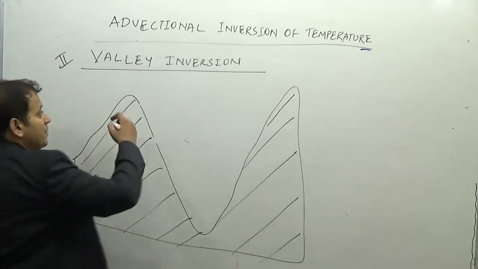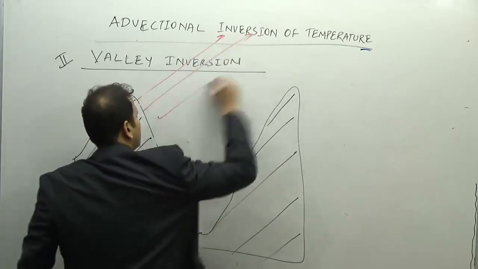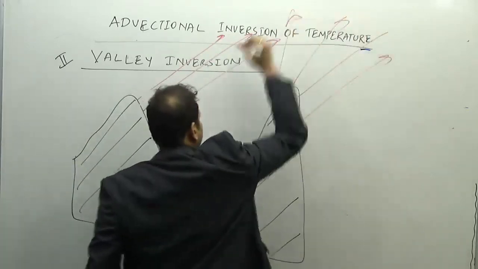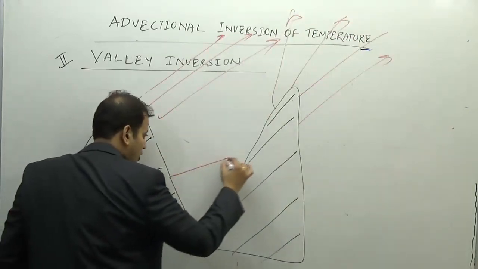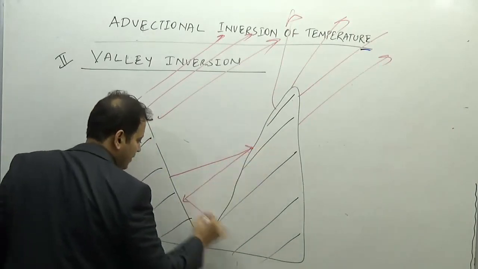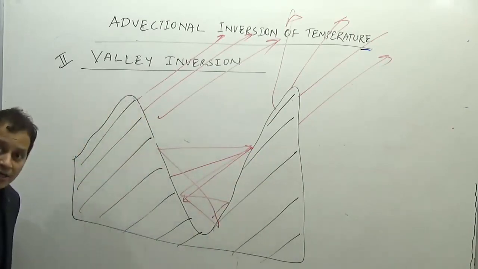During the night time, the upper parts of the mountain lose their heat very quickly due to radiation. But the lower part of the valleys will not lose the heat. Heat will be trapped and reflected, and thus the lower part of the valley remains hot. So what happens?